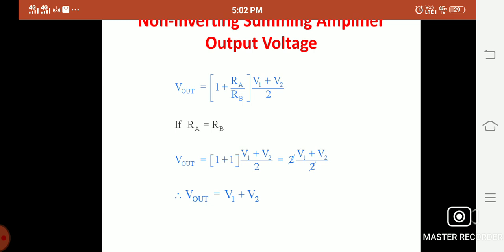Here the non-inverting summing amplifier is based around the configuration of a non-inverting operational amplifier circuit. The input, either AC or DC, is applied to the non-inverting terminal, while the required negative feedback and gain is achieved by feeding back some portion of the output signal to the inverting terminal.